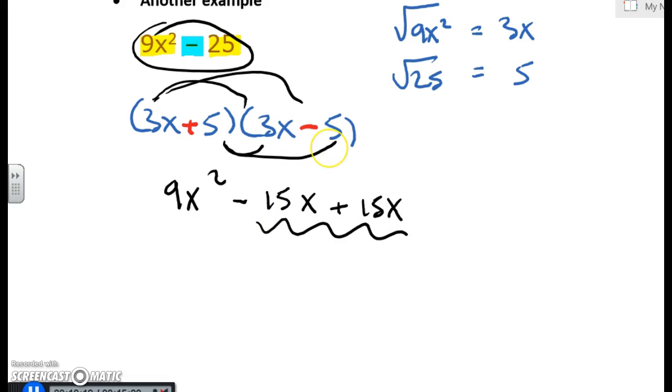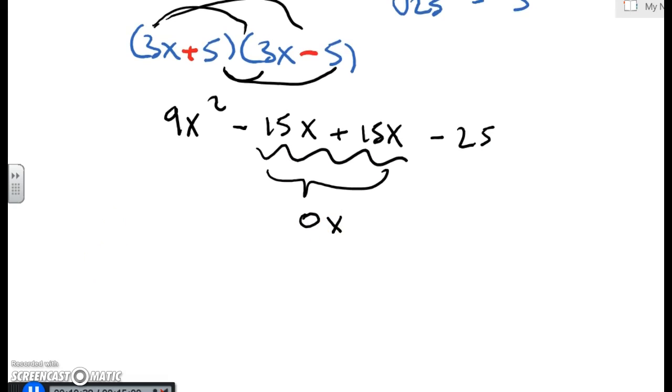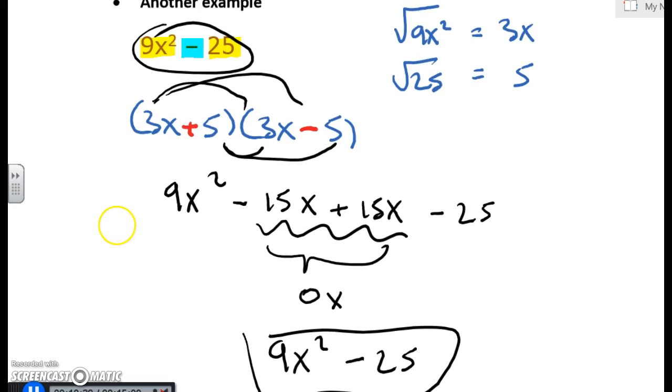And then I'll finish it off here. 5 times negative 5 is minus 25. So these two here are going to give me a 0x, whatever you want to call it, but I don't have to write it. So I'm really just left with 9x squared minus 25. That is what we started with up here.